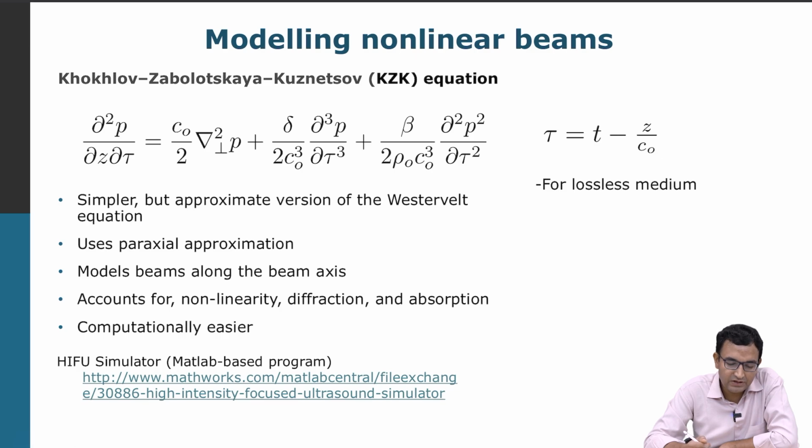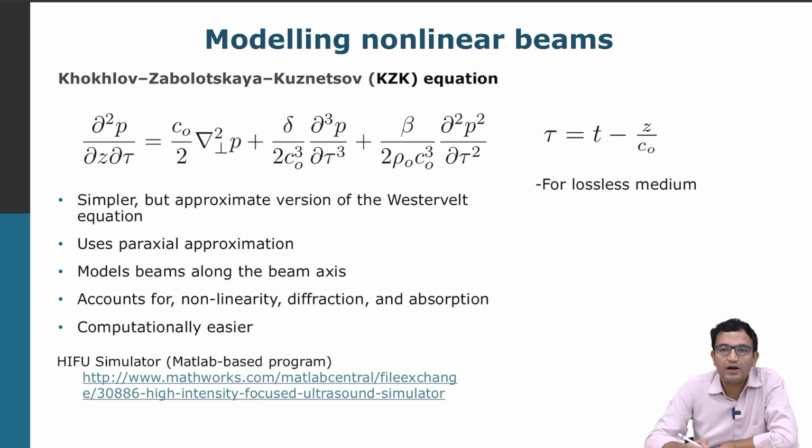So there is a simplification which uses an approximation, and this equation is called the Khokhlov-Zabolotskaya-Kuznetsov, or KZK, equation. It was formulated by a group of Soviet scientists, and this equation is simpler to solve, and it accounts for nonlinearity, diffraction and absorption. It largely is accurate along the axis of the beam and assumes a circular transducer.